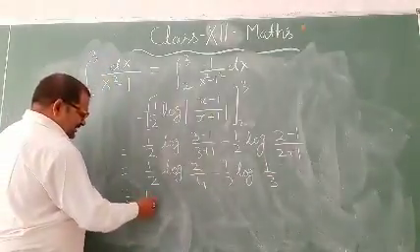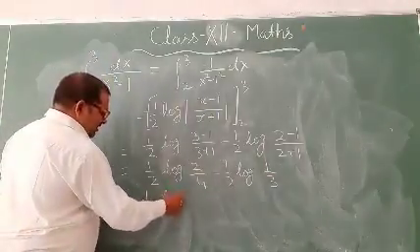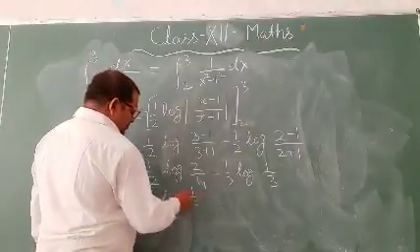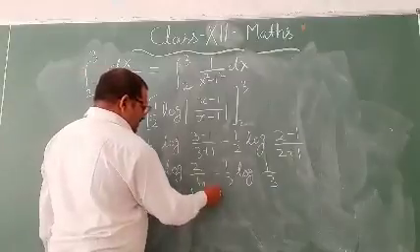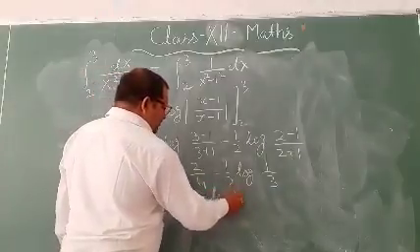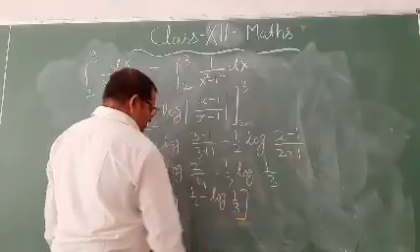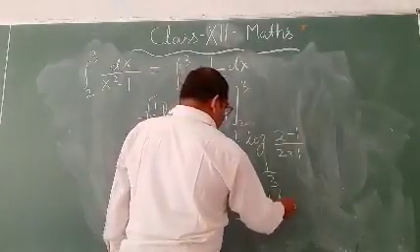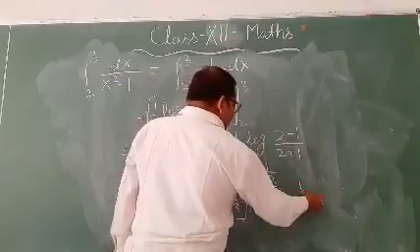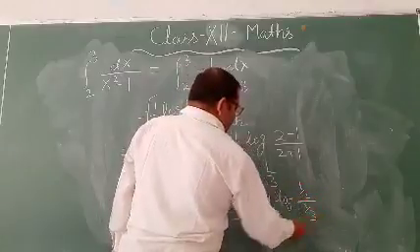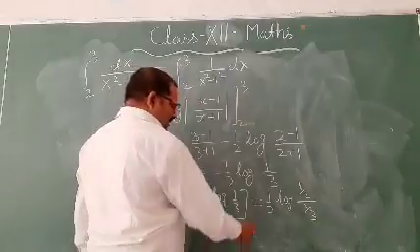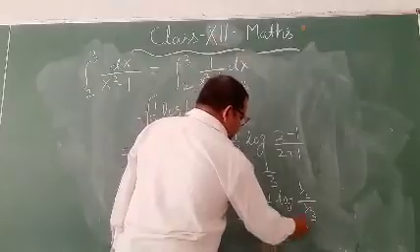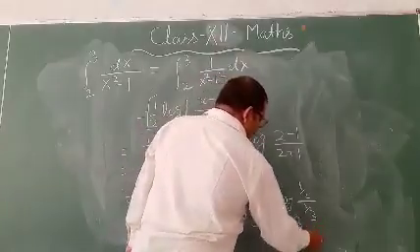Taking 1 by 2 as common, log 1 by 2 minus log 1 by 3. This can be written as 1 by 2 log of (1 by 2 upon 1 by 3), equal to 1 by 2 log 3 by 2.